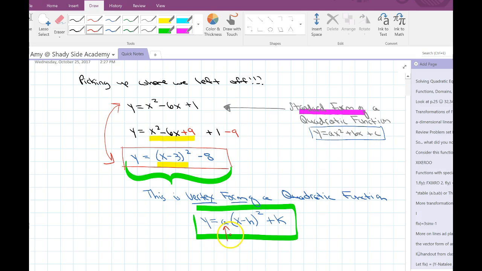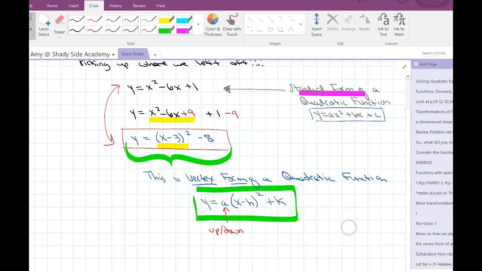A plays the same role as it did previously. This tells you whether your parabola is opening up or down. The role of a is the same as it was here. For now, a tells you whether the parabola opens up or down.